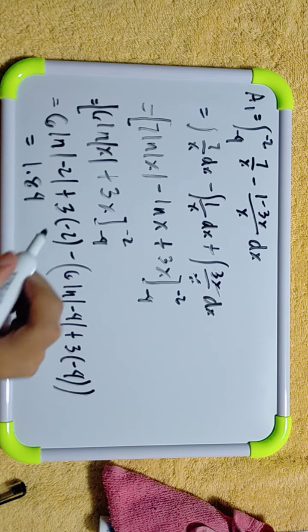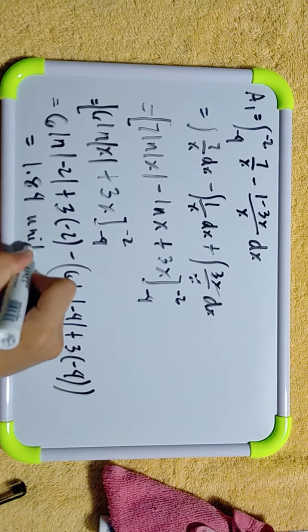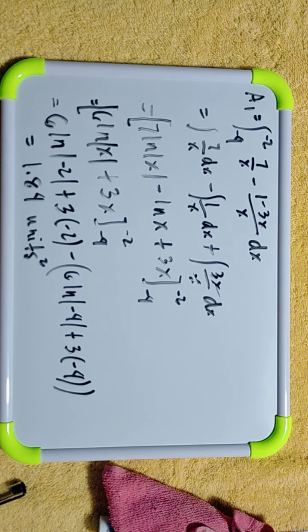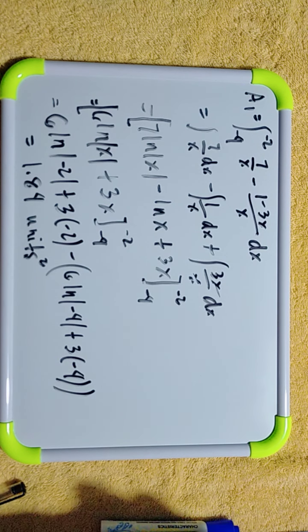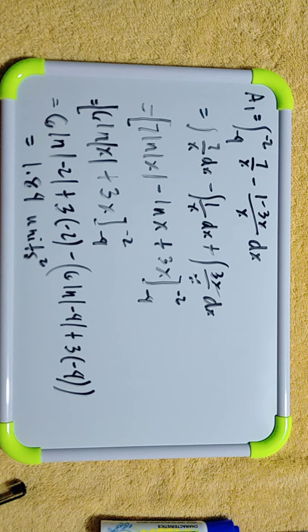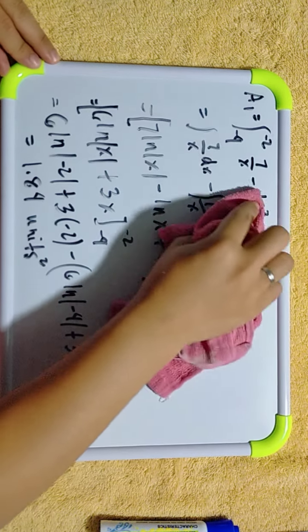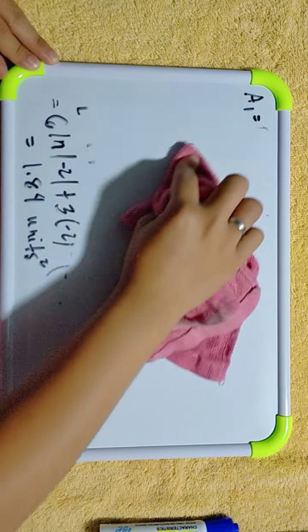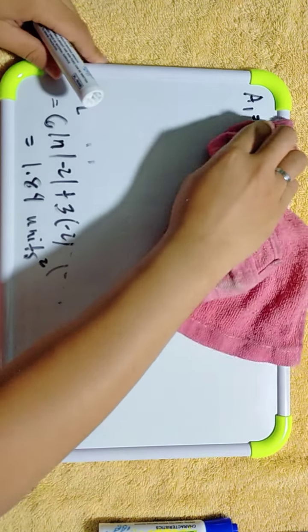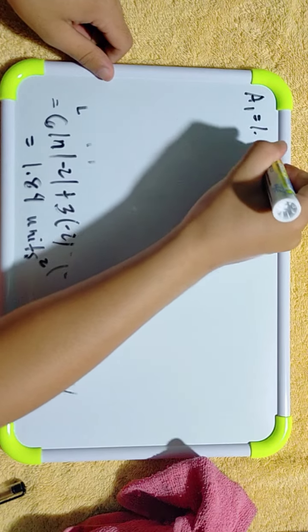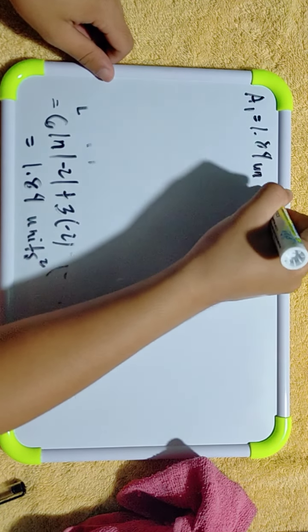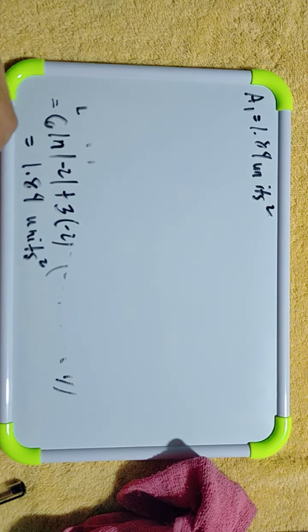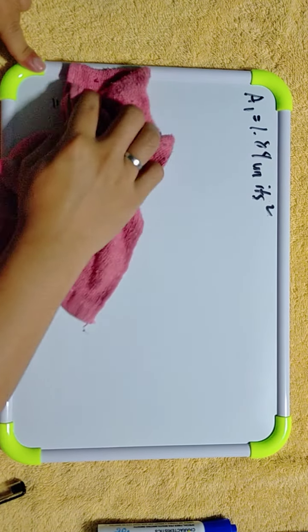So, wag natin kalimutan, area siya. So, magiging units squared. So, yan na yung area 1 natin. Lagay na lang natin yung area 1 natin. So, yung area 1 natin is 1.84 units squared. So, area 2 na lang yung hanapin natin.